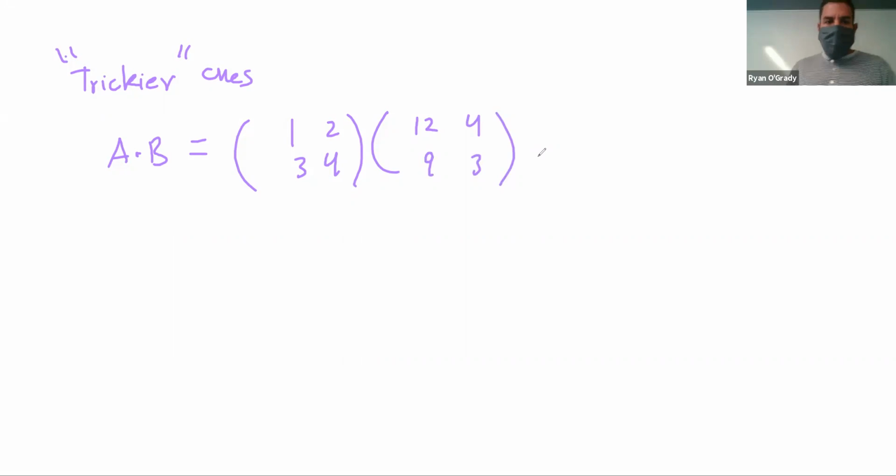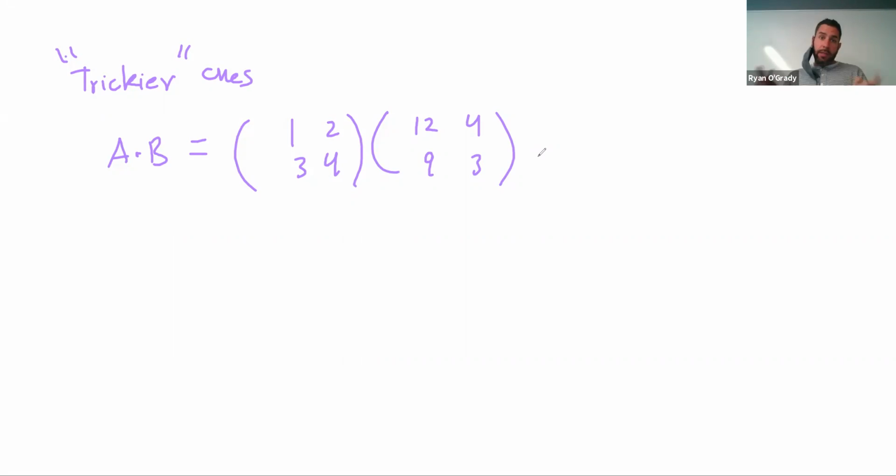So again, the way I would encourage you to think about multiplication, I'll do this one in detail, and then I'll do the next one quicker. You have to read left to right. And the reason we're going to make sure you understand that is matrix multiplication, as you should find out in this problem, is not necessarily commutative.